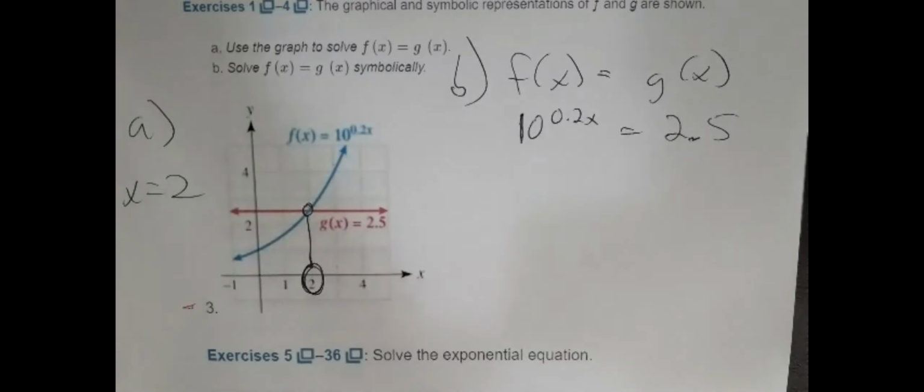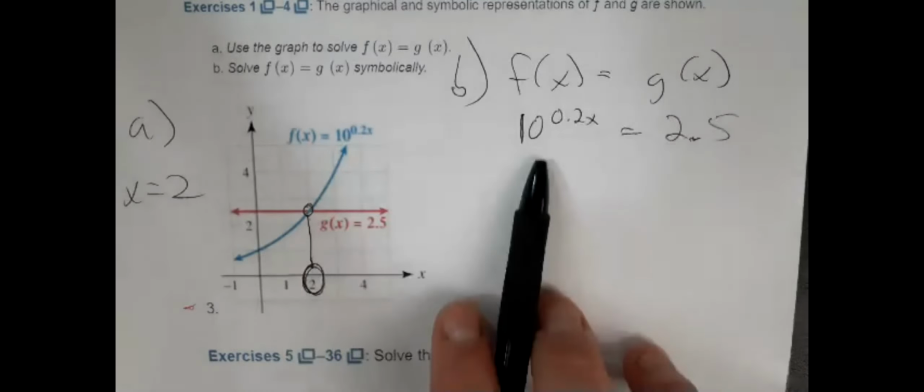And I think this might have been the question you were answering a while ago. If I have 10 to the 0.2x equals 2.5, this thing is an exponential function. So the first step is to get the exponential by itself. I see a head nod.